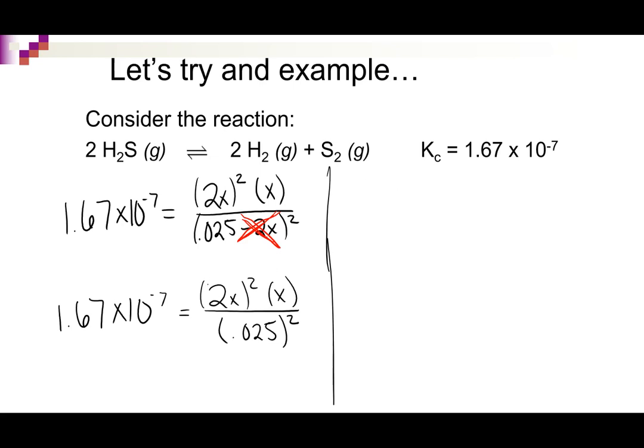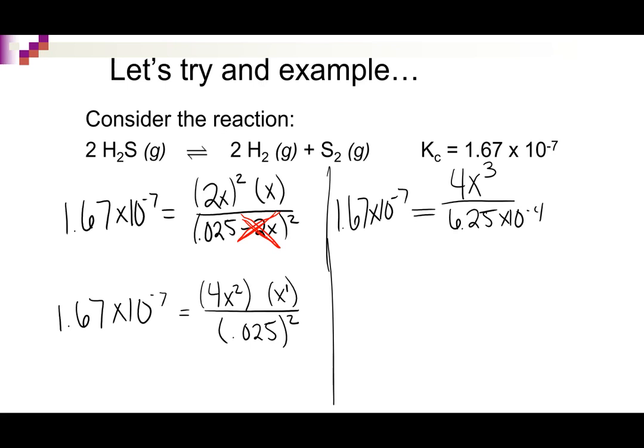Cleaning up the top first, 2x squared is 4x squared. And if I multiply that by another x, remember that we add the exponents. So on the top, we've got 4x cubed. On the bottom, 0.025 squared is 6.25 times 10 to the negative 4. And we still have K over here.